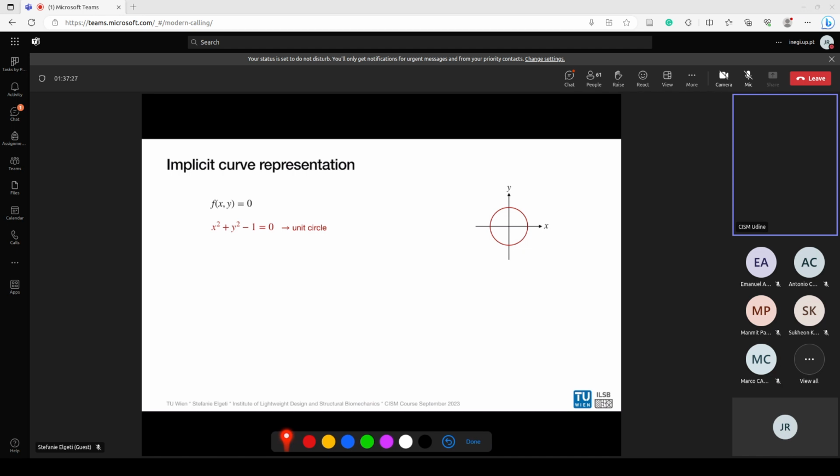Now notice we can represent the full circle. So the advantage that we gain is that now we can represent these multiple valued functions. However, we're still axis dependent, and also the curve cannot be computed directly.